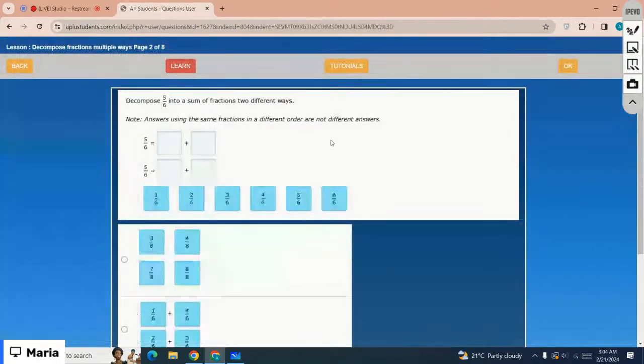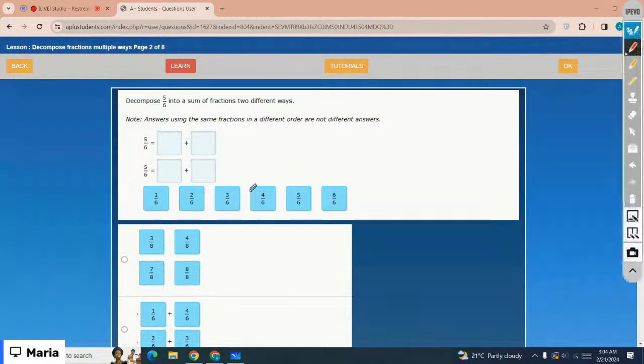Okay, now you have to make 5 over 6, right? So you are given these, so you need to see which numbers make 5. 4 and 1 makes 5. Got it? So you can do 1 by 6 and 4 by 6. 3 plus 2 makes 5, right?